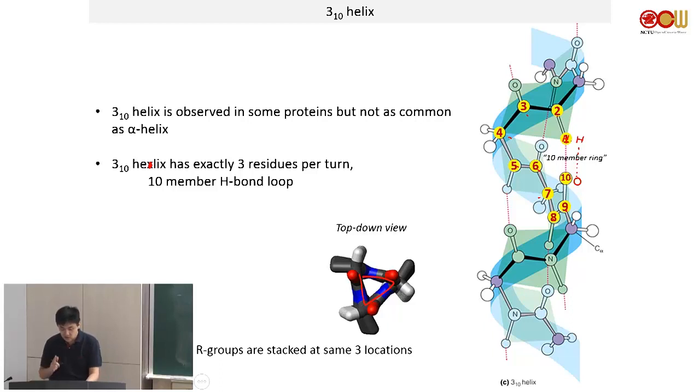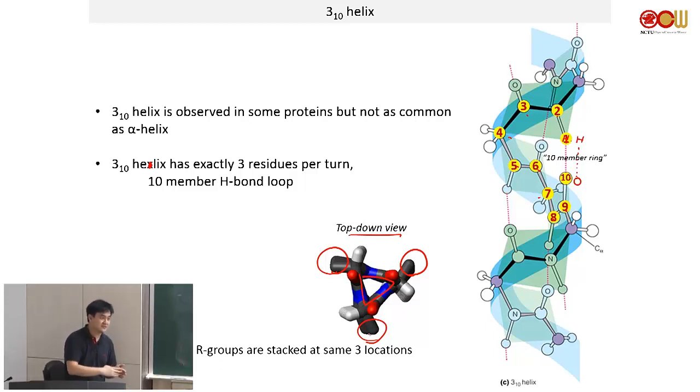Now, what you notice from the top-down view is that your R groups are stacked together in 3 locations, one here, one here, one here, because you have exactly 3 residues per turn. To get to the identical position of an amino acid, you only need 3 residues, as opposed to alpha helix, where you need 18 residues to repeat the same location.